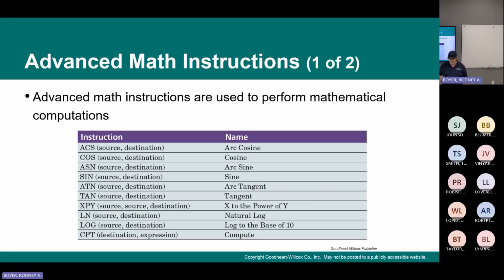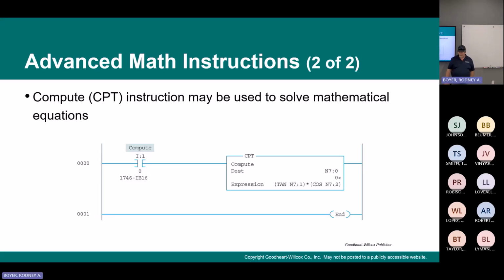Those are the advanced functions: arccosine, arcsine, sine, arctangent, and so on. The compute instruction, I said on there, is pretty powerful, but on the 32-bit controllers, it's way more powerful. There's some really cool stuff you can do with a compute instruction on a 5000 controller.